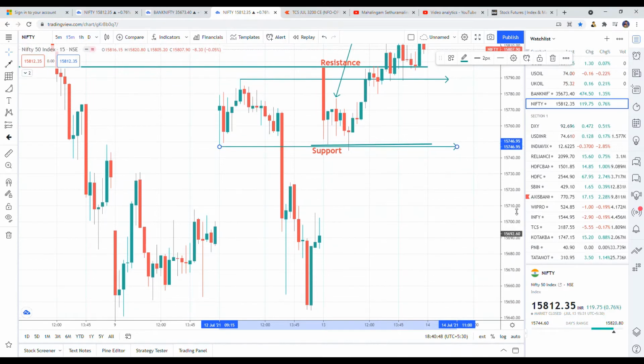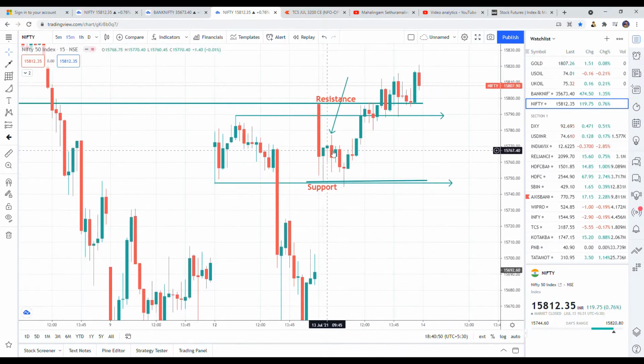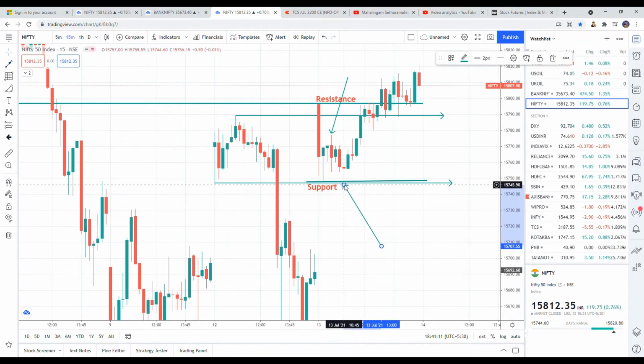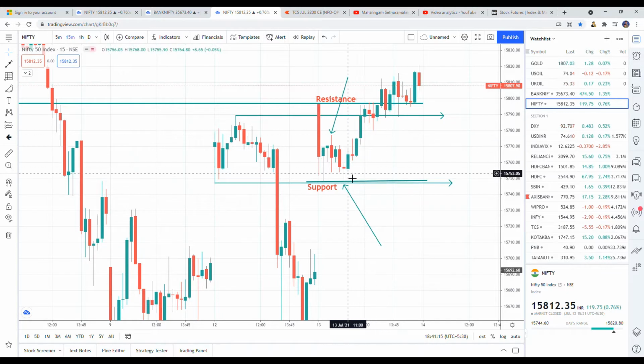Okay, after the candle touches the first support area, this means the first 30 minutes candle low is 15747. Then responsive sellers push the price down, but there will be a buyer in the support area. They will take the price to the upside. So you can see the continuous upside.